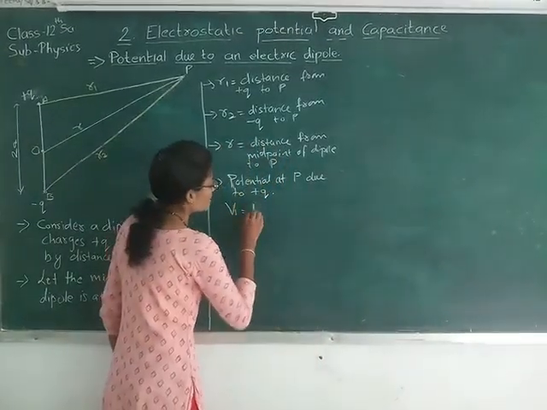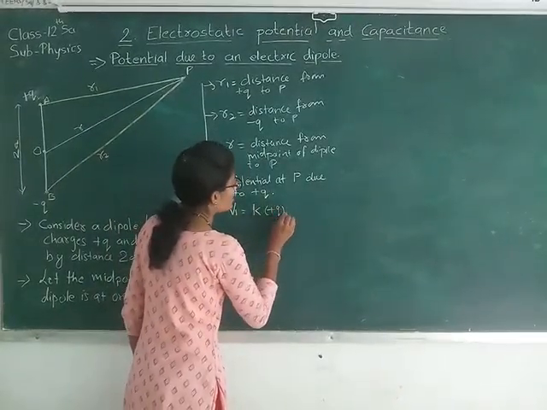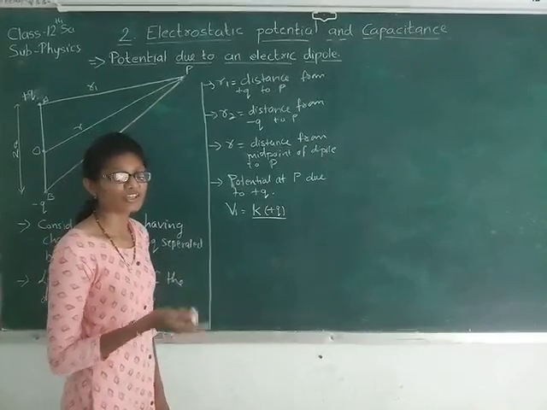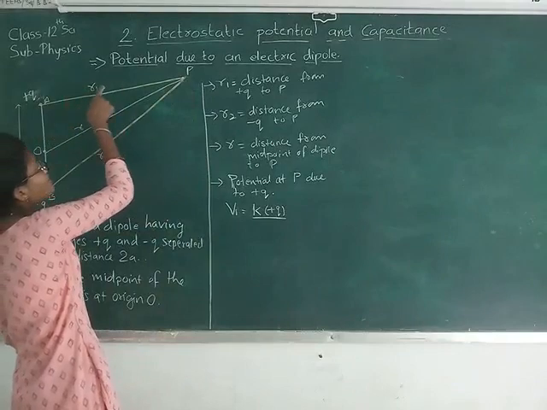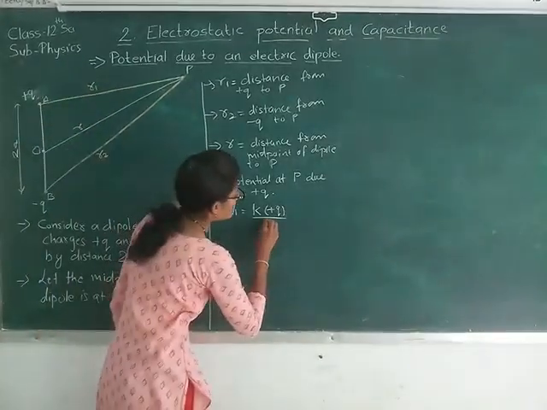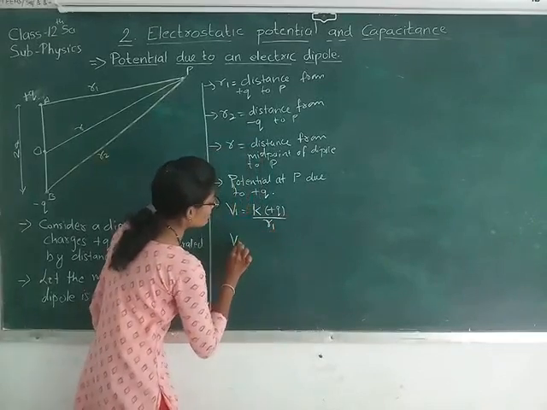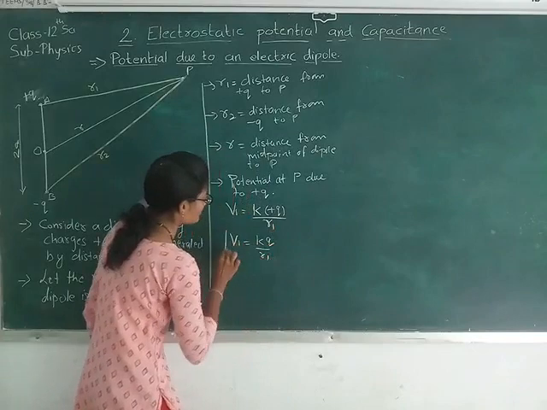So here it will be k, charge plus q, upon the distance between the point where we need to find the potential and the charge, that is from P to plus q, distance R1. So V1 equals kq upon R1.